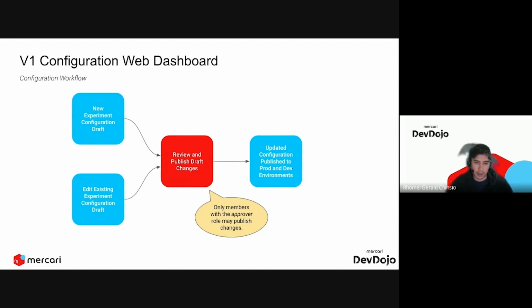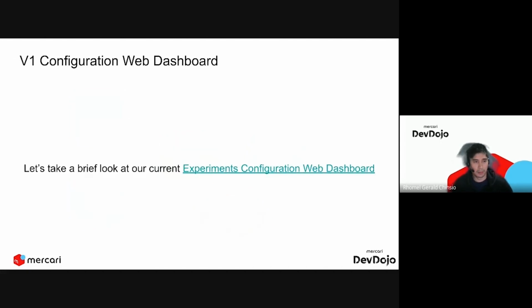And this is not a mistake. It's published to both production and development. We'll get more into why that is later. We'll look at the dashboard at the end of the presentation. I want to get through all the content first.